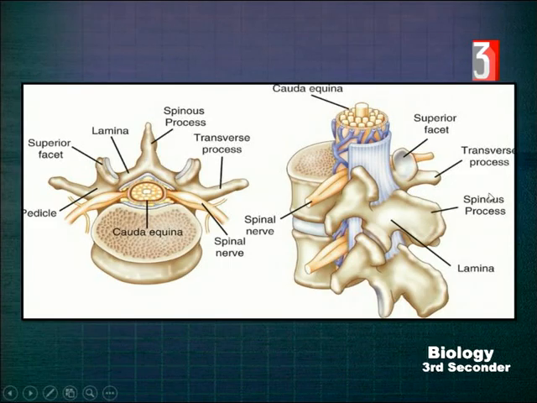Look, this is the superior and this is the inferior. The upper vertebra articulates with the lower one by inferior, and the lower one articulates with the upper one by superior. So the inferior of the upper articulates with the superior of the lower. This is the most important point here, to know how vertebrae articulate with each other.